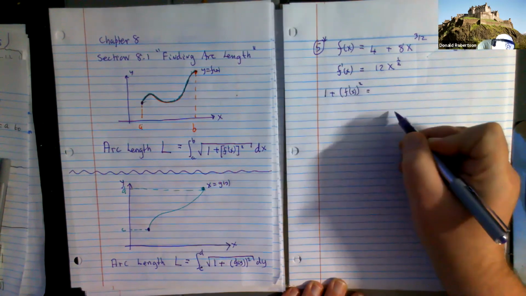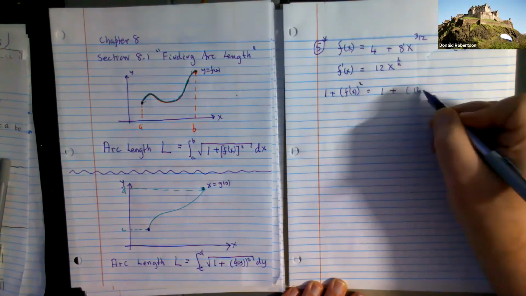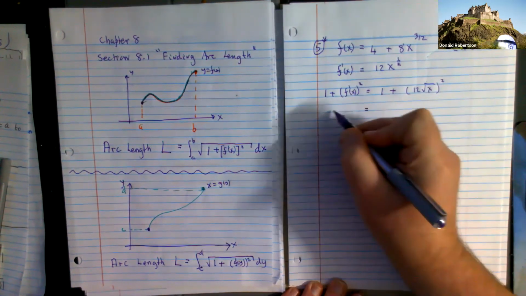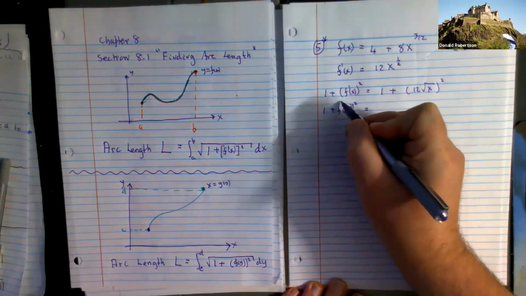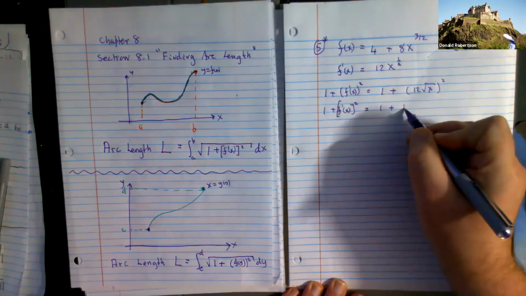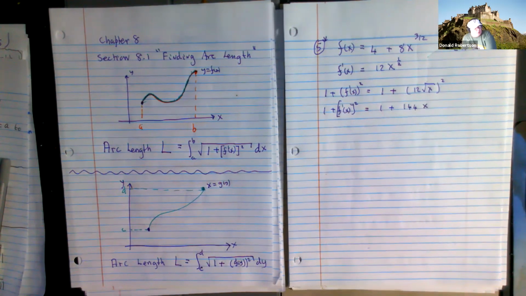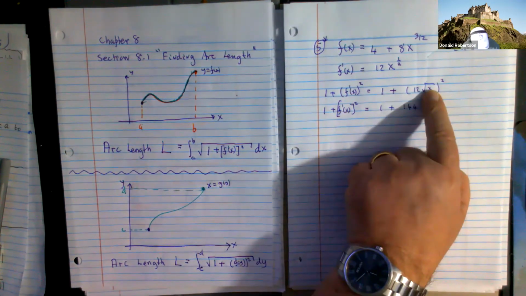Actually, while I'm at it, let's call him the square root of x. So this fella is 1 plus 144x. Do you notice it's 144x and not 12x? Because 12 gets squared and the square root of x gets squared.